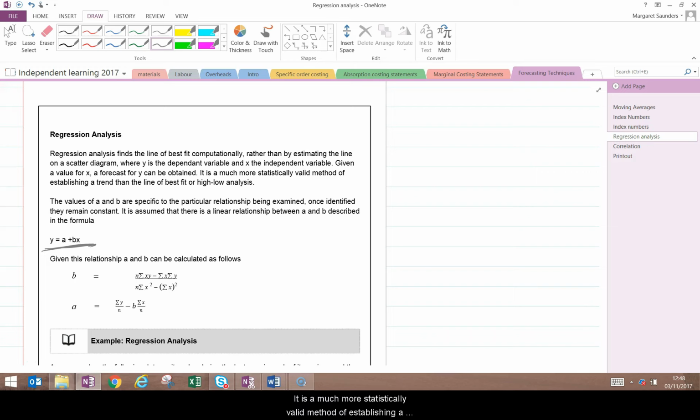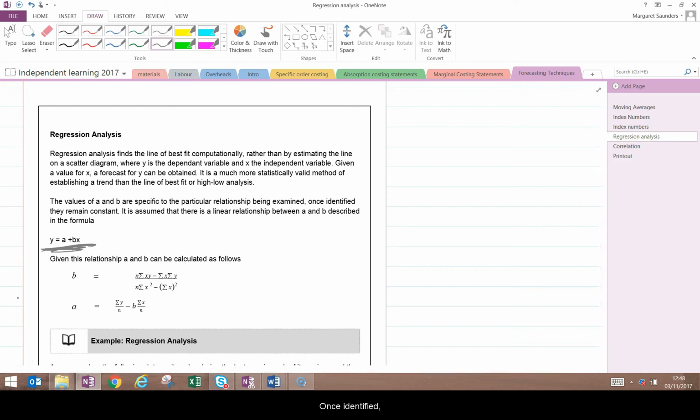It is a much more statistically valid method of establishing a trend than the line of best fit or high-low analysis. Within the formula for a straight line, y equals a plus bx, the values of a and b are specific to the particular relationship being examined.